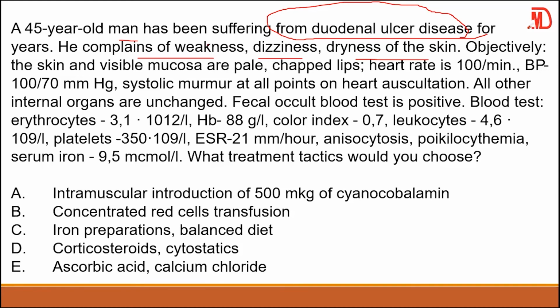Now he complains of weakness, dizziness, dryness of skin. Objectively, the skin and the visible mucosa are pale. There's chapped lips, heart rate is 100 per minute, pulse is 170, systolic murmur all over the points on heart auscultation. All other internal organs are unchanged. Fecal occult blood test is positive.